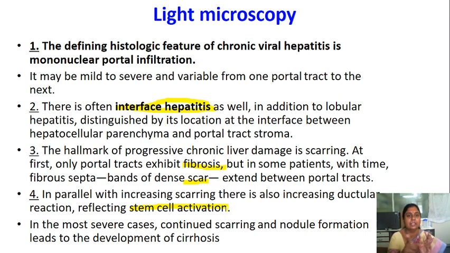The same thing we are finding here in the chronic viral hepatitis, is it not? So you are having a chronic mononuclear portal infiltration, interface hepatitis and fibrosis. All the three features are there. Okay.